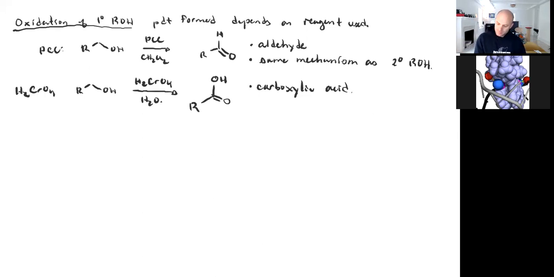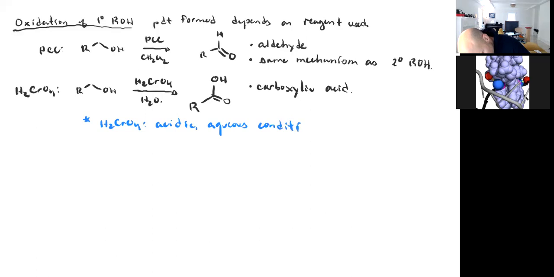Okay. And so the question is, what's going on? The important point to remember is that with chromic acid, you're under both acidic and aqueous conditions. So if I take a primary alcohol, treat it with chromic acid and water, I get initially to an aldehyde product.